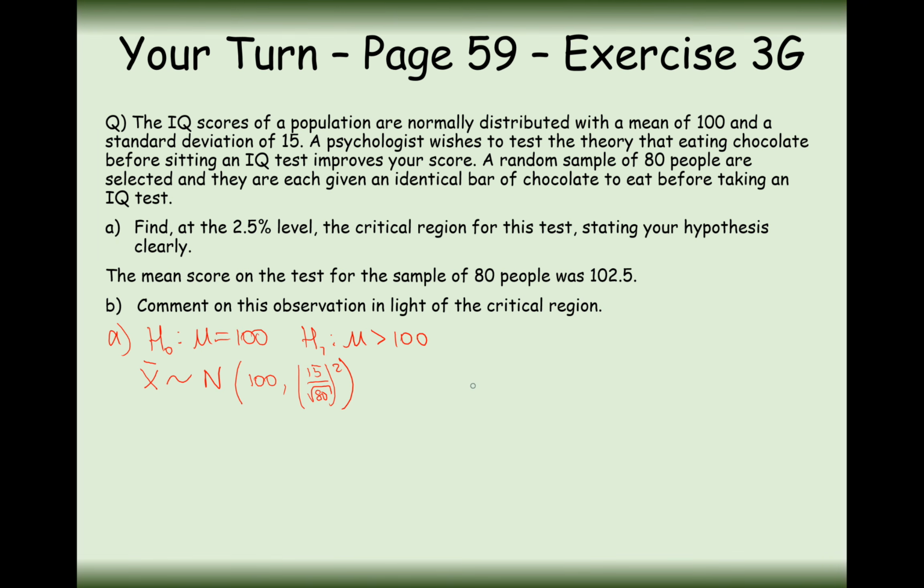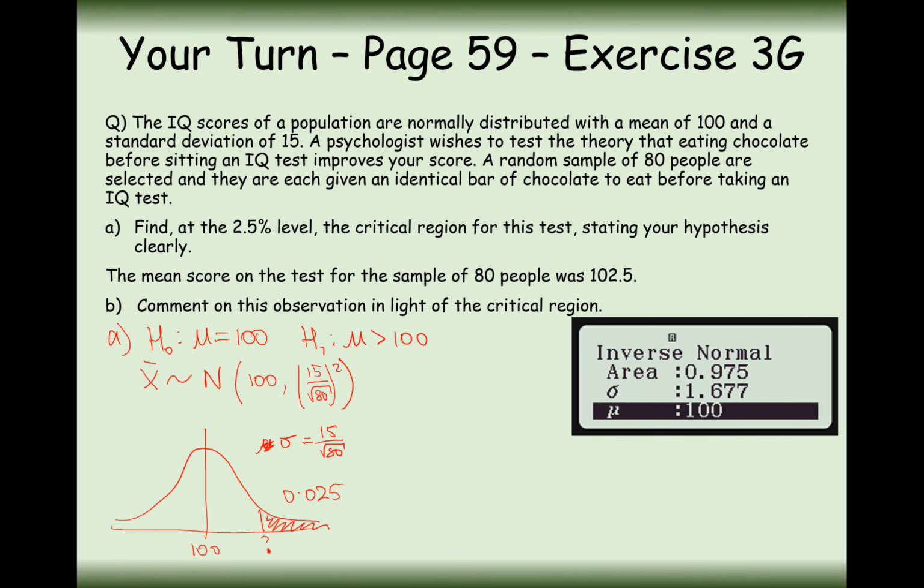Okay, so let's now try and think about what we're trying to work out here. We're trying to work out the critical value, so we're working out this value down here, at which point we would have an area of 0.025 when the mean is 100 and the standard deviation is 15 over the square root of 80.